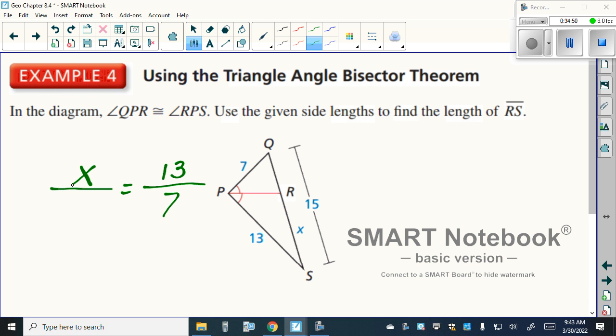Because they gave us the bottom length is 9.75 and the whole length was 15. So to find the other part, we took 15 and minused it, yes? Almost. 15 is how we would have to set this one up because we don't know what that or the other length is. So we can subtract x from it.